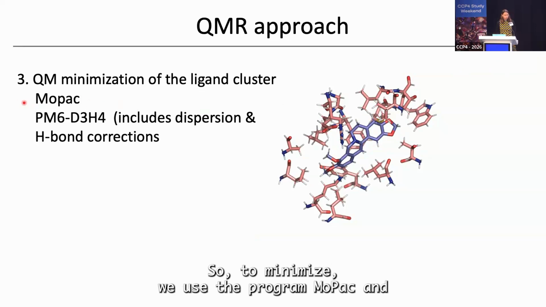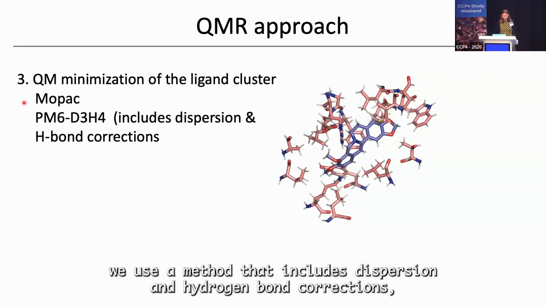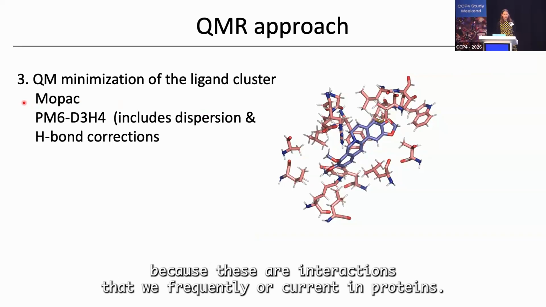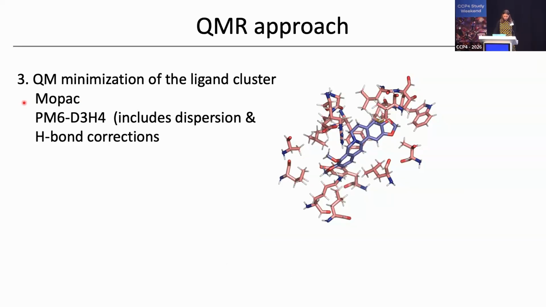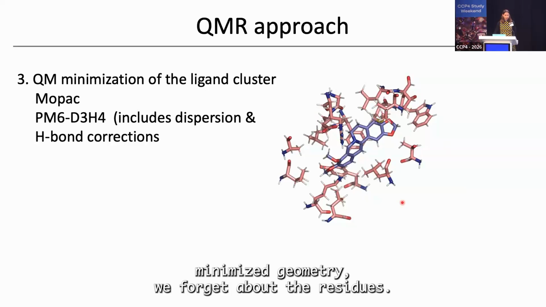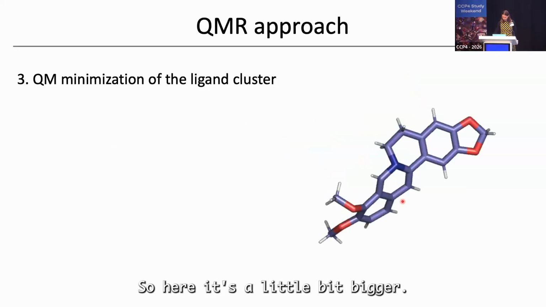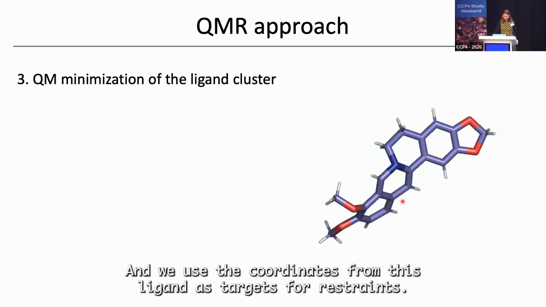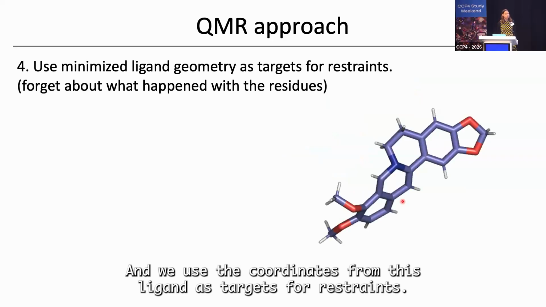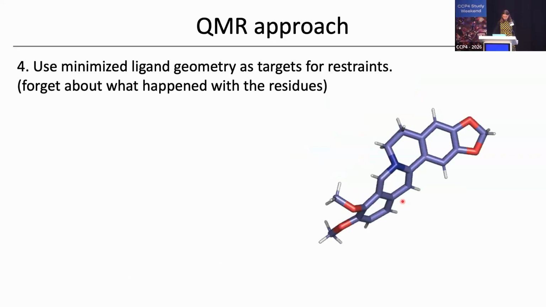So to minimize, we use the program MOPAC, and we use a method that includes dispersion and hydrogen bond corrections, because these are interactions that frequently occur in proteins. And then once we got this minimized geometry, we forget about the residues. We just focus on the ligand. So here it's a little bit bigger, and we use the coordinates from this ligand as targets for restraints.